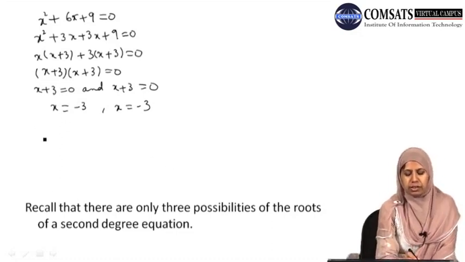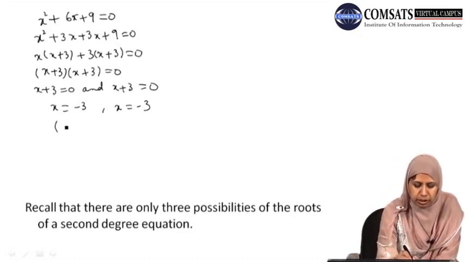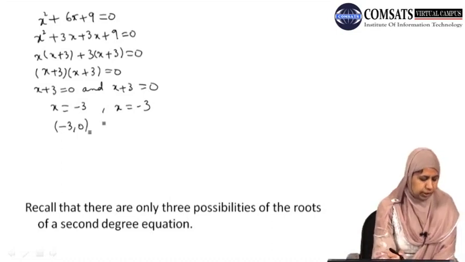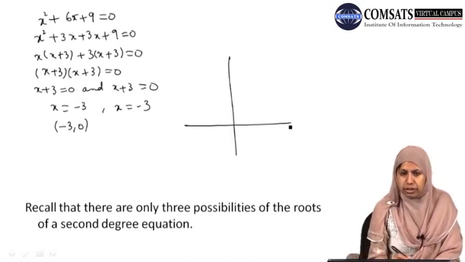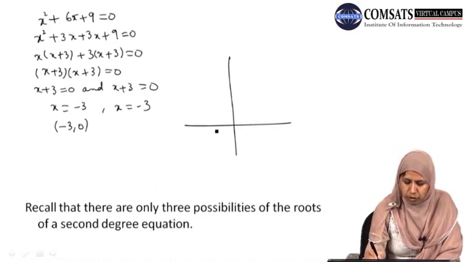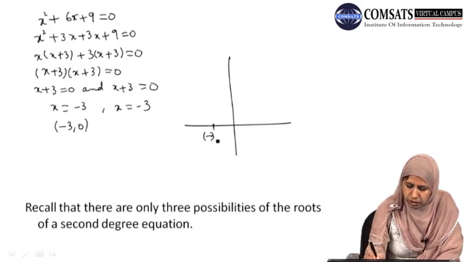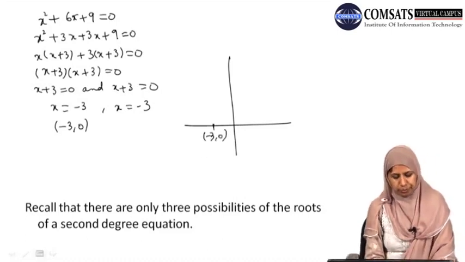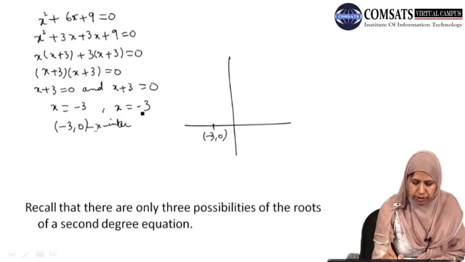So the given quadratic function or equation has one x-intercept, namely minus 3, 0, and the graph will cross the x-axis at this point, minus 3, 0. So this is our x-intercept.